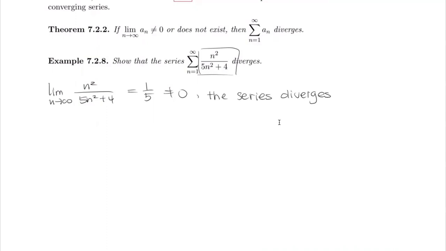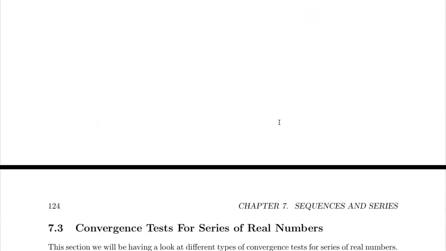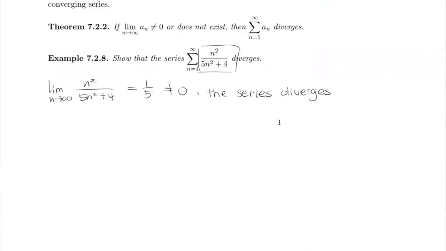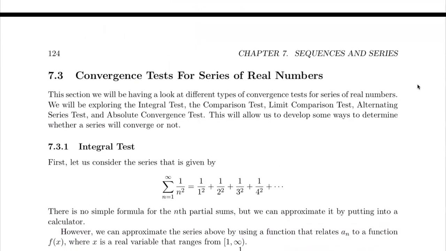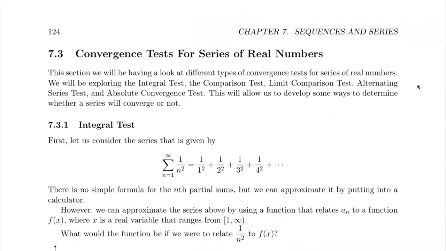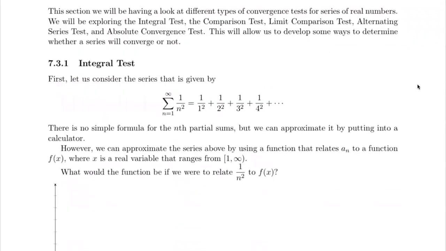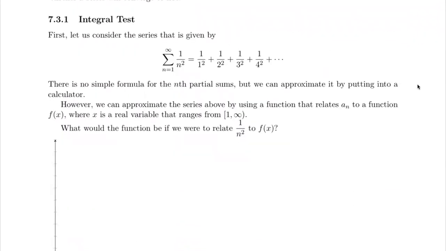All right. So that is going to be all for this section. In the next lesson, we will move on to have a look at the convergence tests for a series of real numbers. The first part we'll have a look at is the integral test.